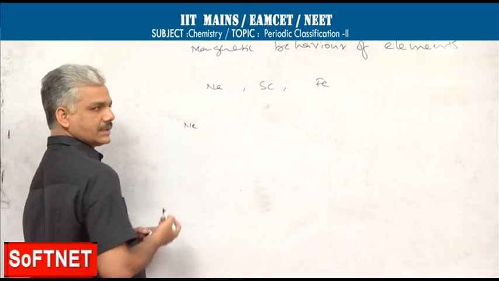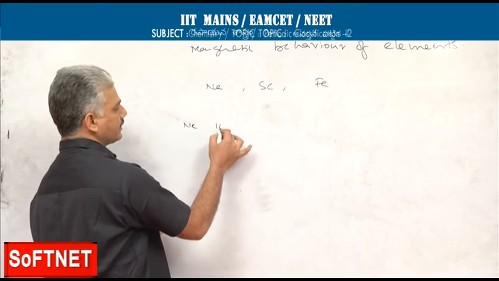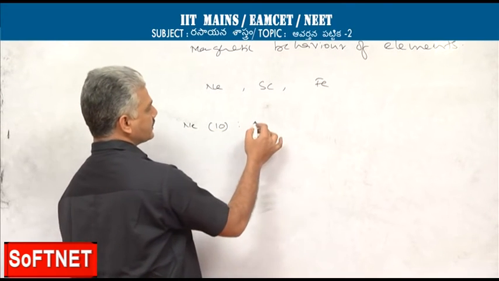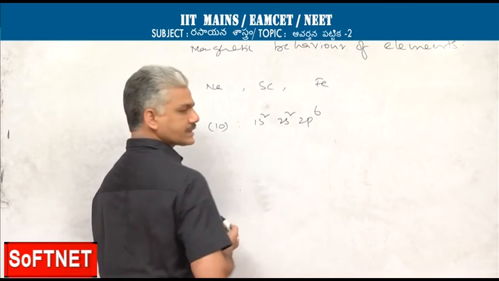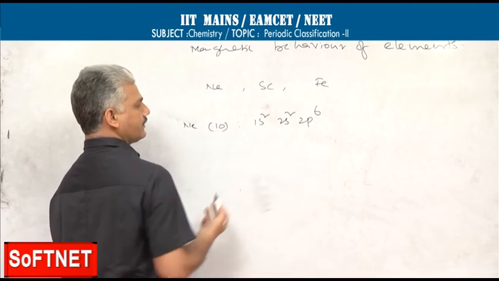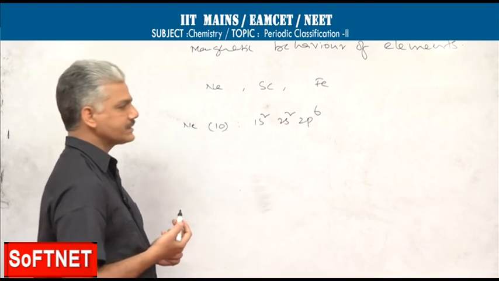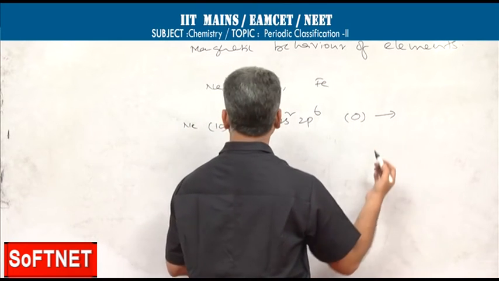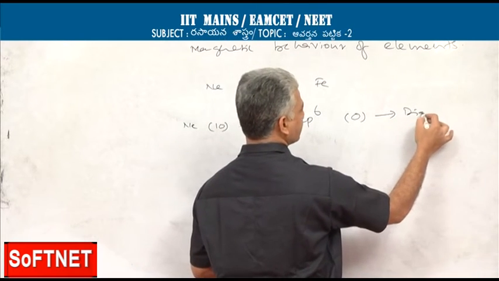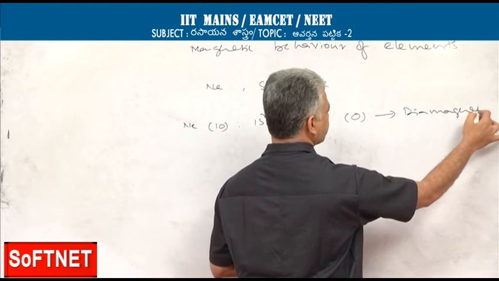Taking the first case, neon, its atomic number is 10, and electronic configuration is 1s2, 2s2, 2p6. With this configuration, the number of unpaired electrons is 0. Hence, the nature of neon is diamagnetism.